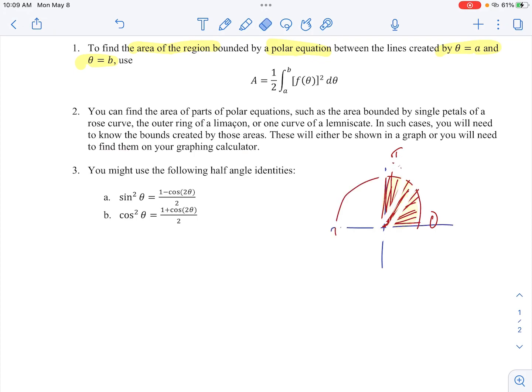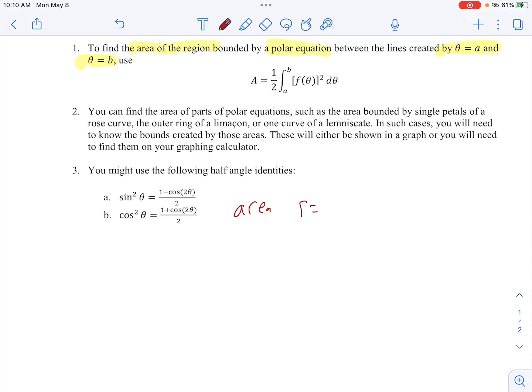Let's do an example. And so I'm going to get rid of all that. And here's what we want to do. We want to find the area of this lemniscate. Let's do r equals 1 plus 2 cosine of theta.